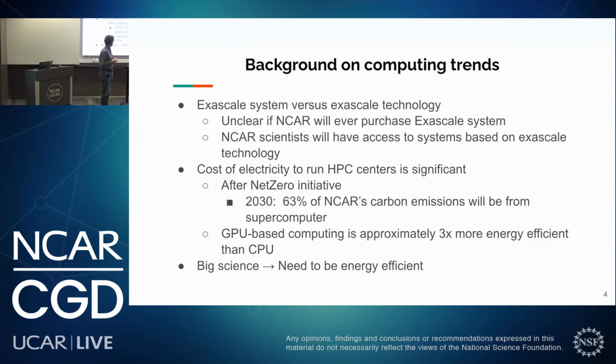So they project that in 2030, 63% of NCAR's carbon emissions will be from the supercomputer. That includes airplanes that we fly around, buildings, cars that we drive. So that's significant.